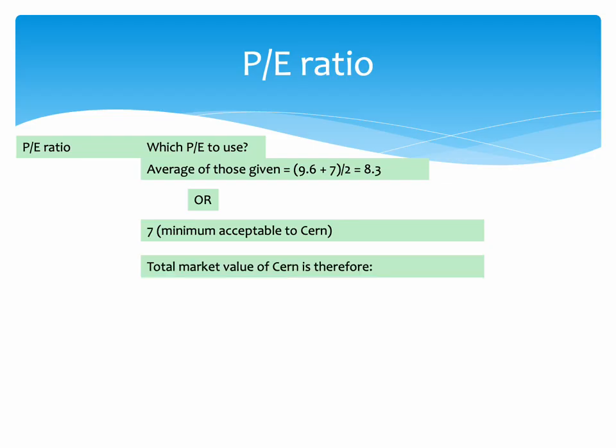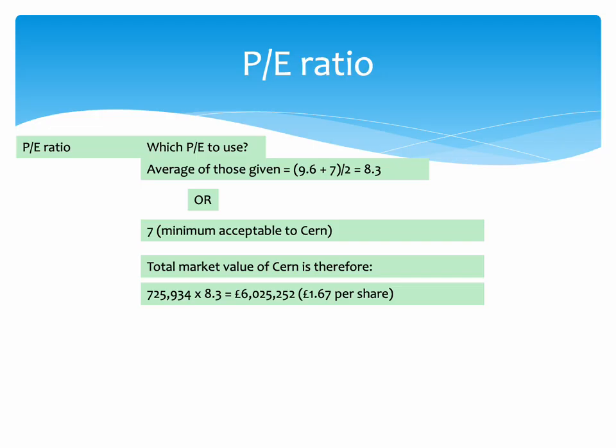So depending on which combination of figures you've got for price and earnings, our total market value of CERN would therefore be, I'm only going to use the average figures from before. We said the average earnings was 725,934.